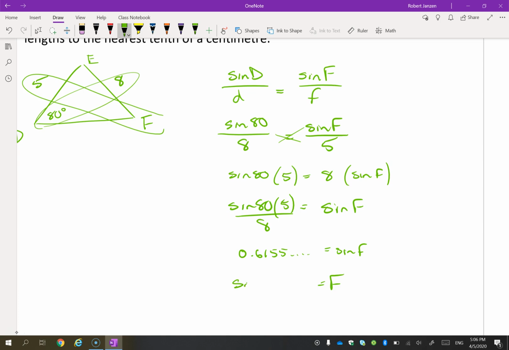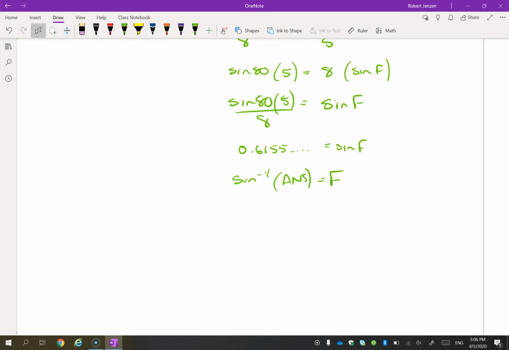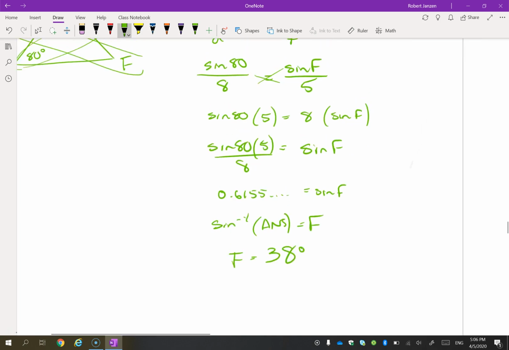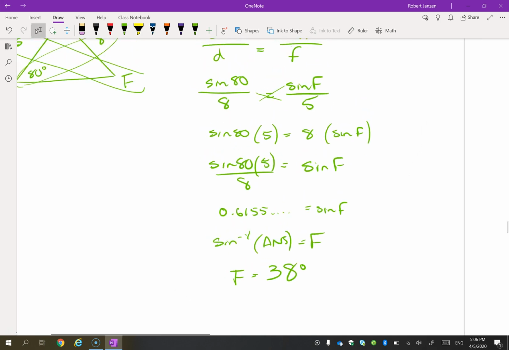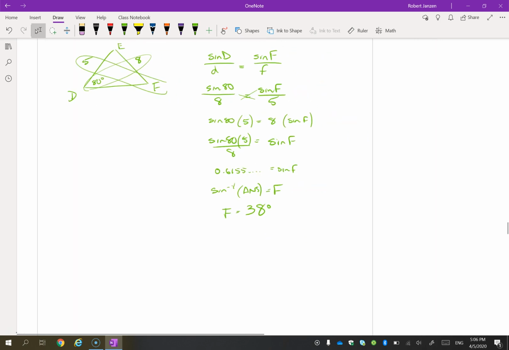It's going to be the inverse sine of what's on your calculator. And F is 38 degrees.